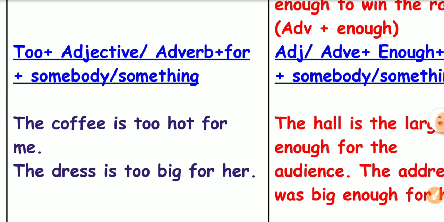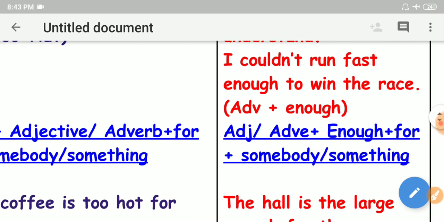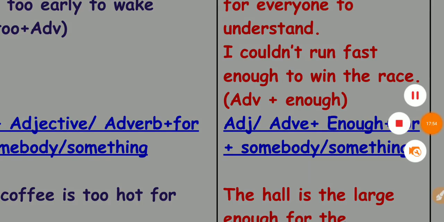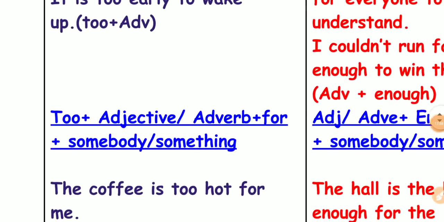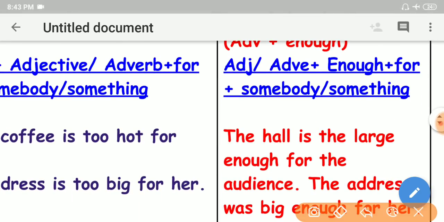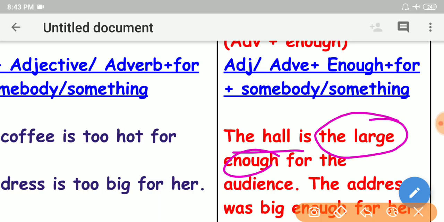So let us go and learn the pattern with "enough", my dear friends. Adjective or adverb plus enough plus for plus somebody or something. See here: the hall is large enough for the audience.